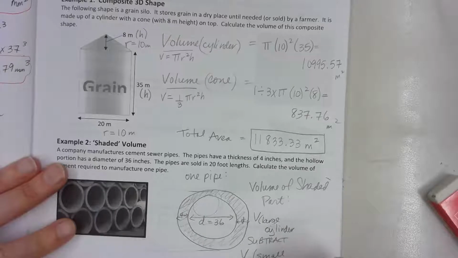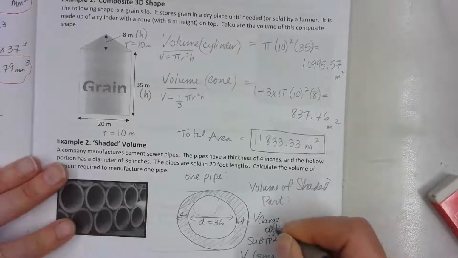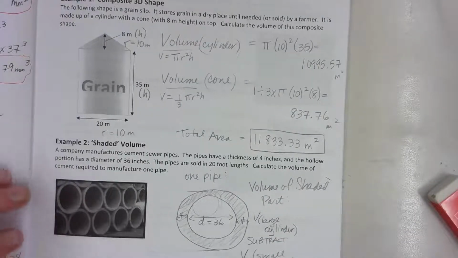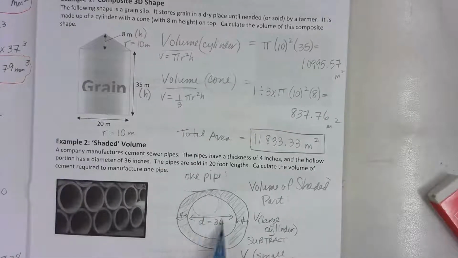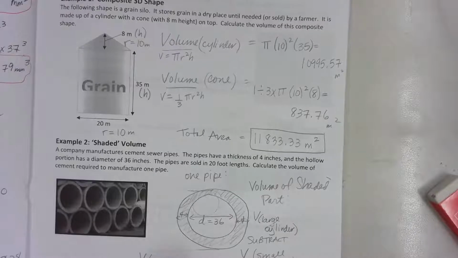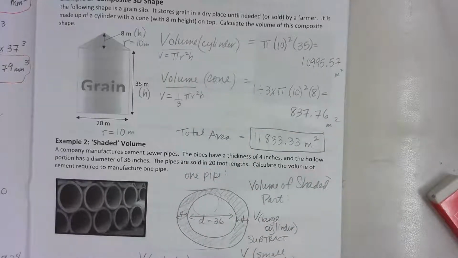Because they're three-dimensional, so a three-dimensional circle is sort of like a cylinder because it has height to it. So I'm going to take the volume of the large cylinder and take out the volume of the small cylinder. So volume of a cylinder, we just had that one above, pi r squared h.